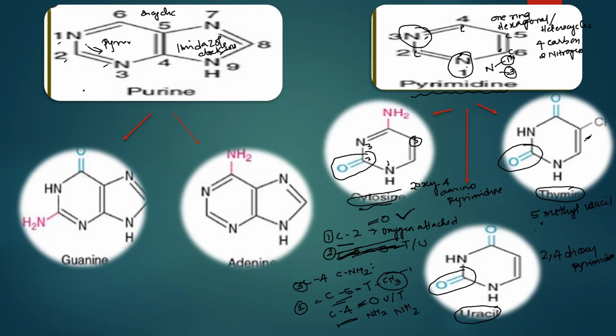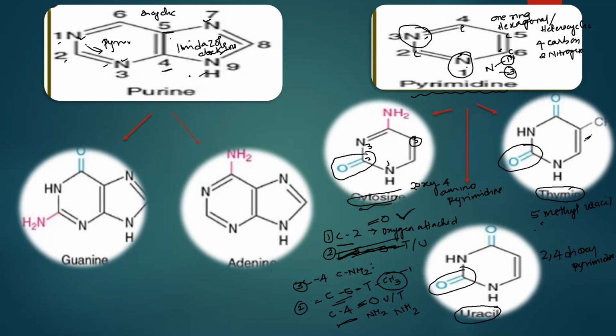Now the 2 rings share the carbon atoms present in the 4th and the 5th position. They share the same carbon. The nitrogen atoms in the purine ring are four, you can see 1, 2, 3, and 4.